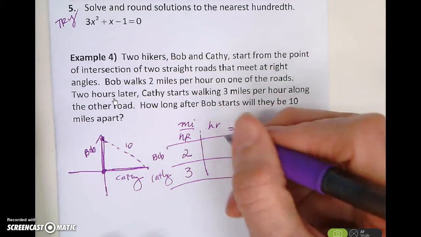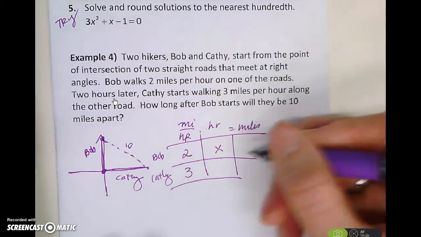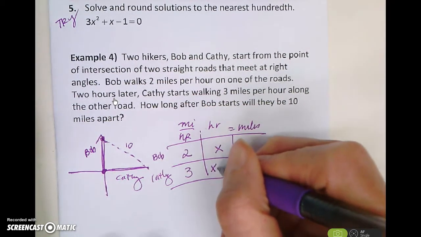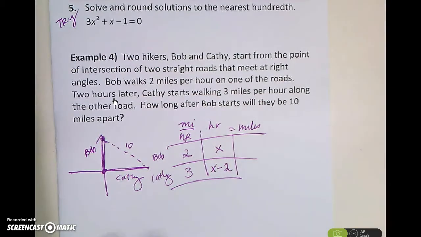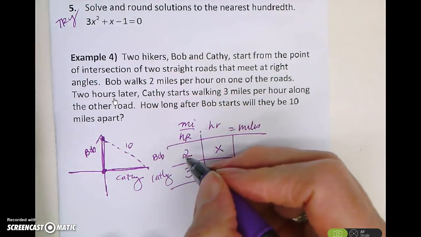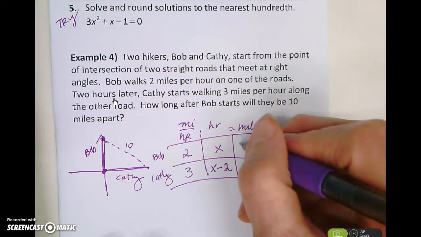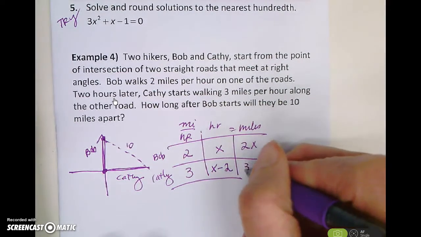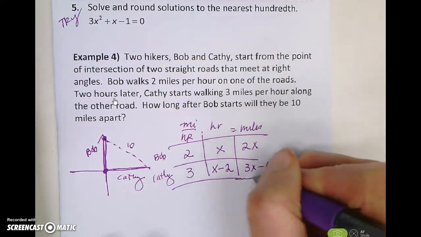So if Bob walks for X hours, Kathy, who started 2 hours later than he did, is going to walk 2 hours less than he does. So the distance that Bob walks is going to be 2 times x. So I'm going to multiply across. And Kathy, I'm going to multiply across here and get 3x minus 6.